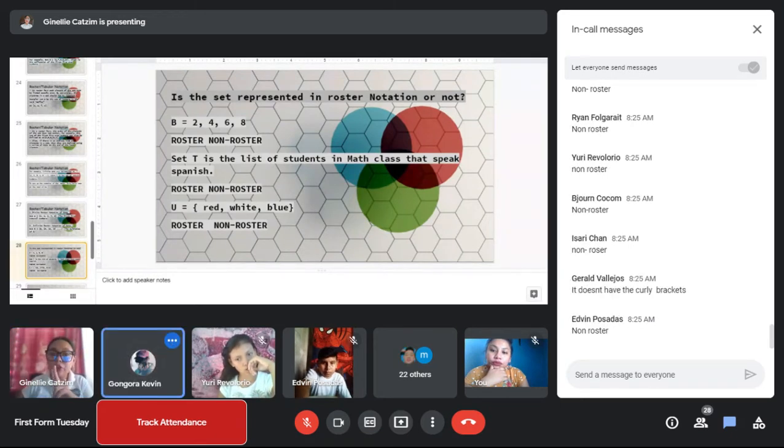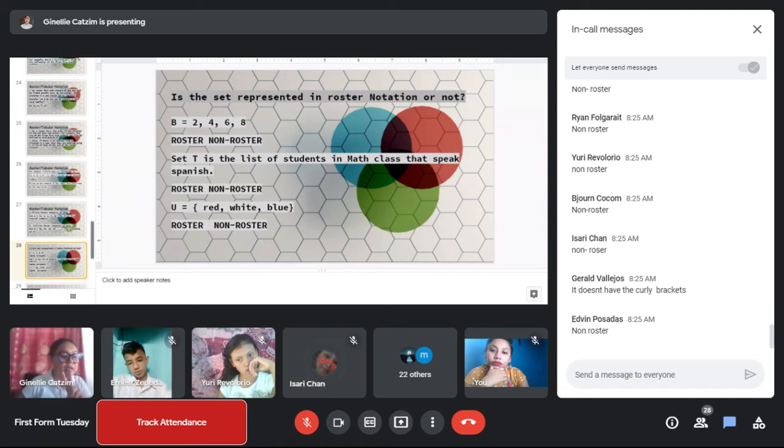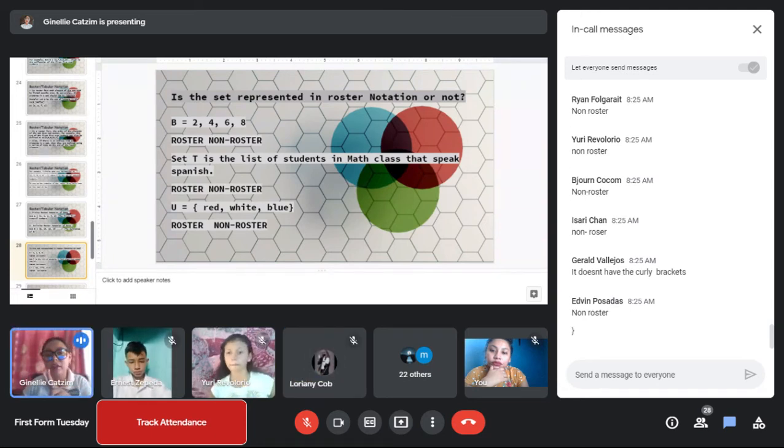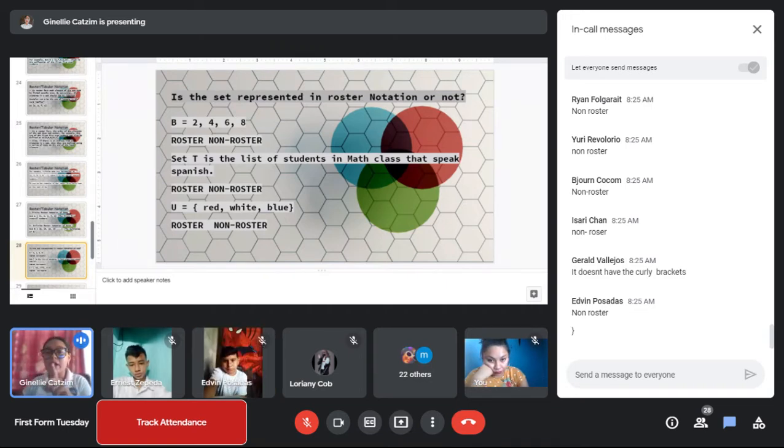Very good. The curly brackets. So we cannot say this is a correct representation in raster notation. Why? Because of the curly brackets. You are missing something important. So if you just give me something like this in your assignment, I will subtract points. Why? Because you need to have the curly brackets.